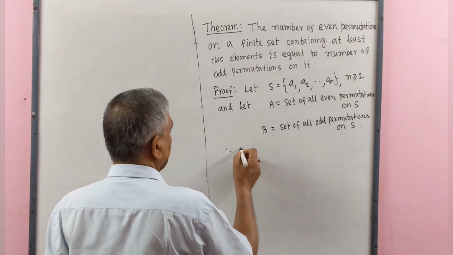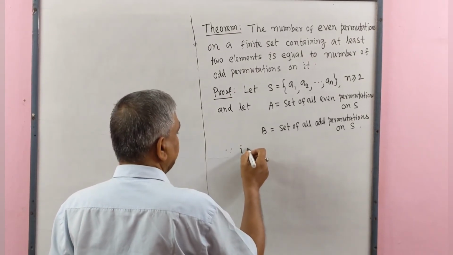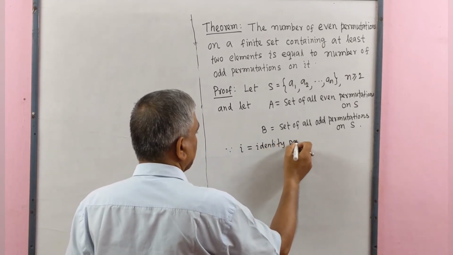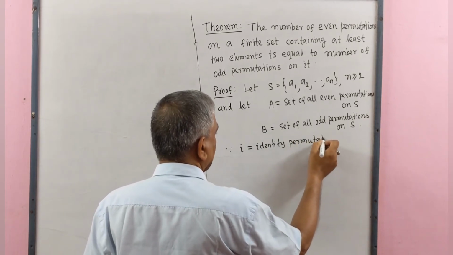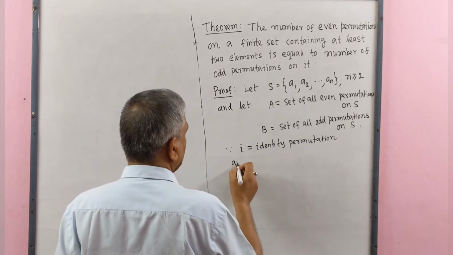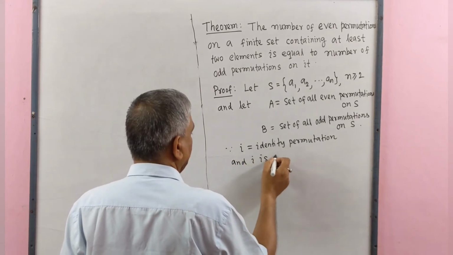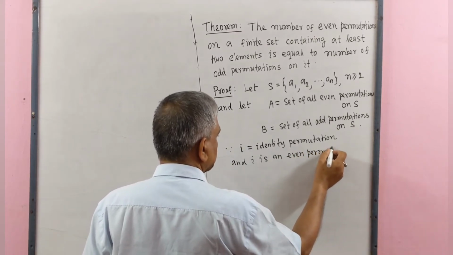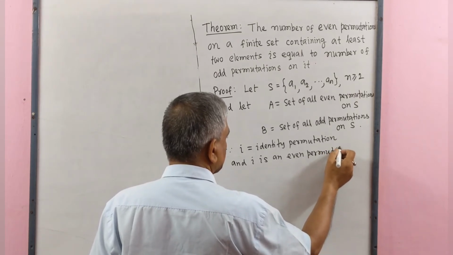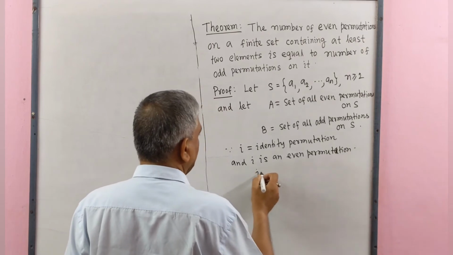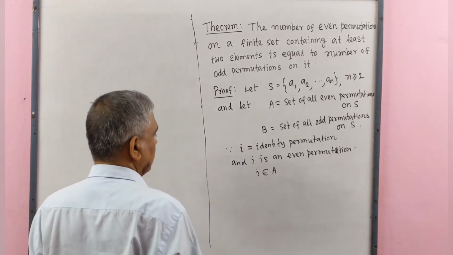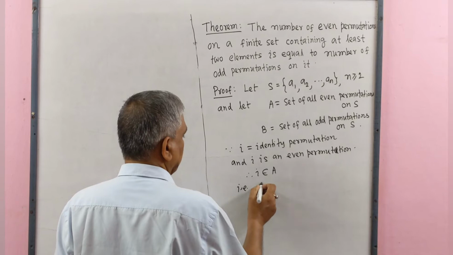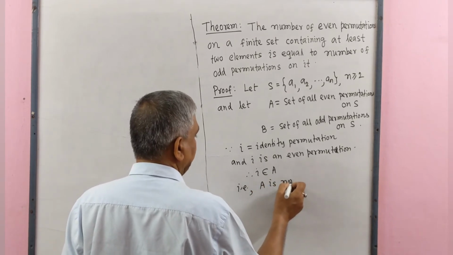Since I is the identity permutation, and I is an even permutation, therefore I belongs to A, that is, A is non-empty.